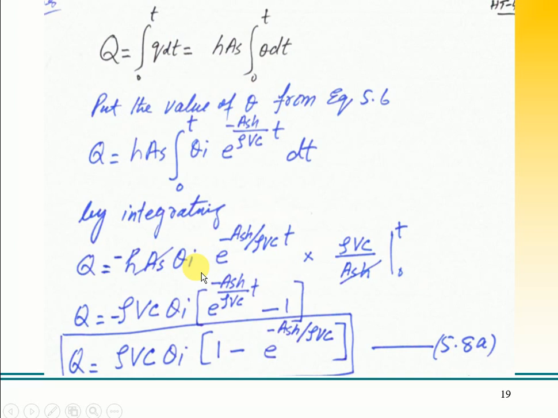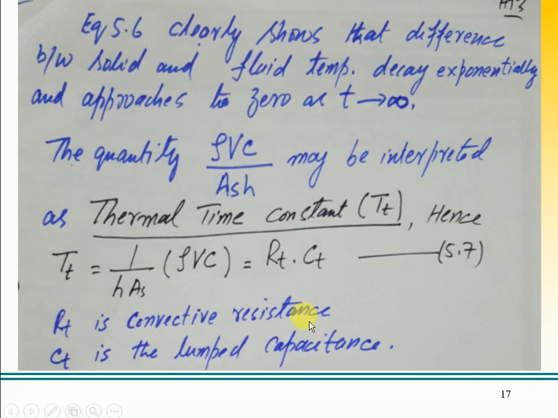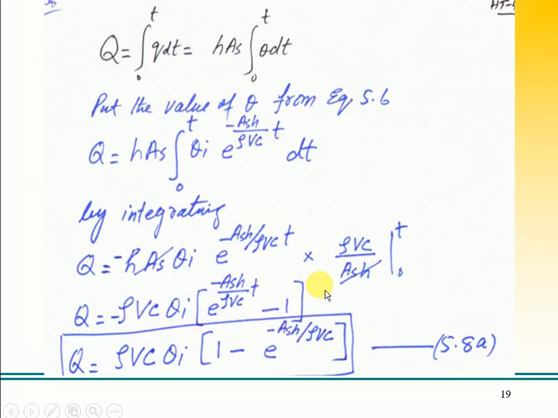So minus hAs θi, I take the integral of e raised to the power this, and then divide by the derivative of this, applying the limits 0 to t, I get the relationship. If you see, we get almost the same relationship here, only that ρV is the mass, of course c is the specific heat, and θi is the initial temperature, just like the Vb in the case of the capacitor, times 1 minus e raised to the power, and this one is the time constant, which is RtCt. This is Rt and Ct, right?